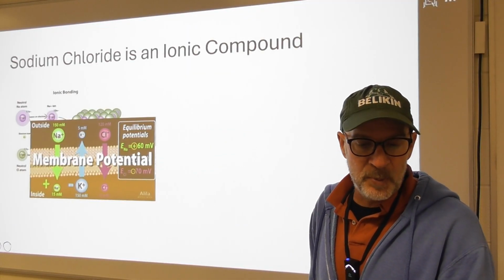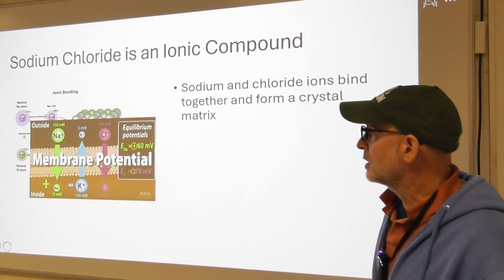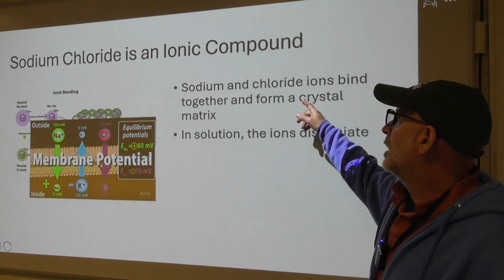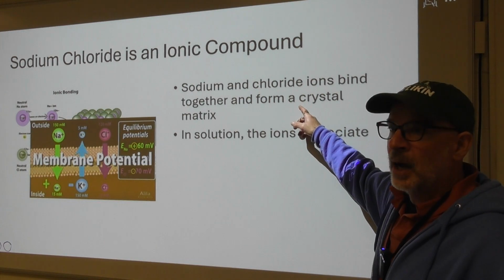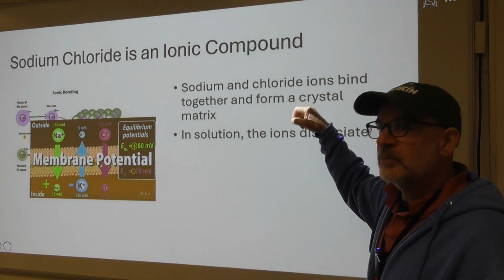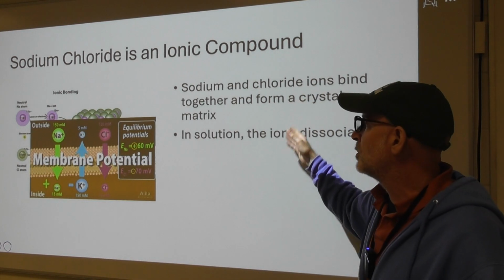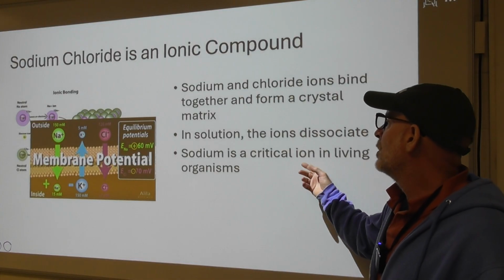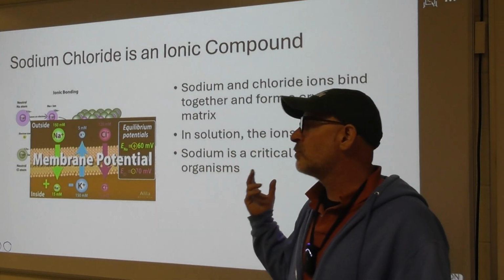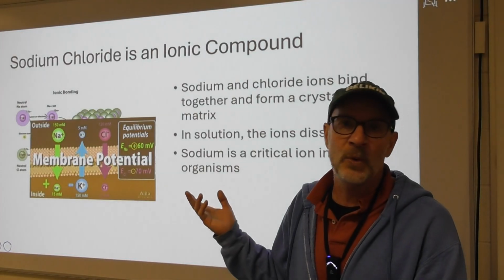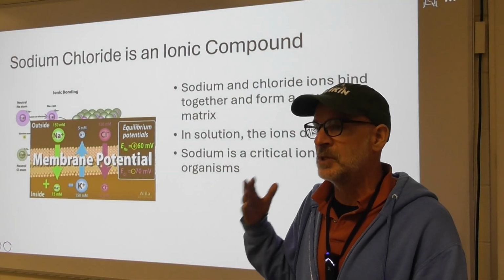Salt is another example of an ionic substance, and so sodium and chloride ions together make sodium chloride, which is table salt. And then sodium, as it turns out, is an incredibly important ion in living organisms. It powers all sorts of stuff.